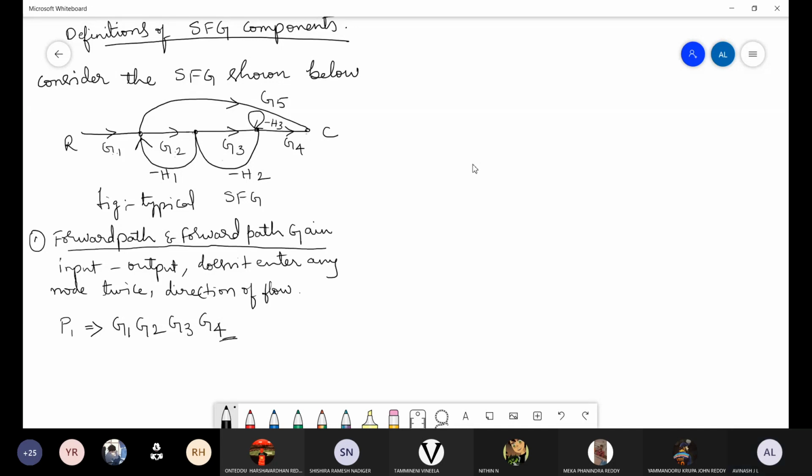Clear? Any other forward path is there apart from one?